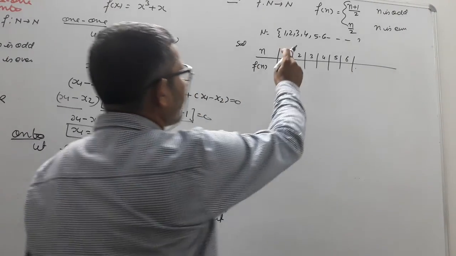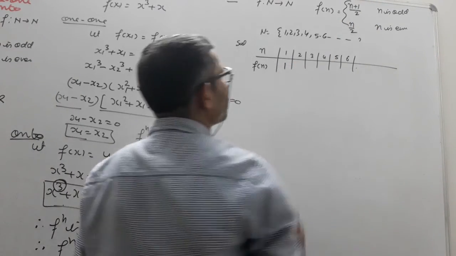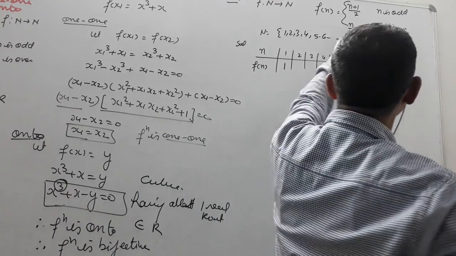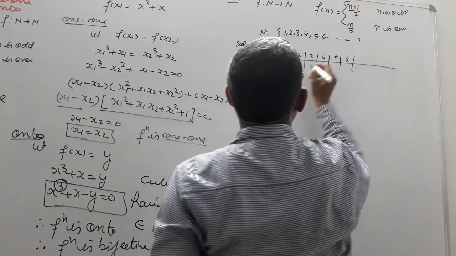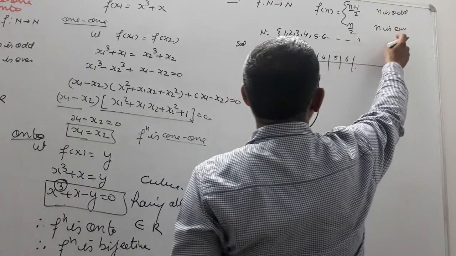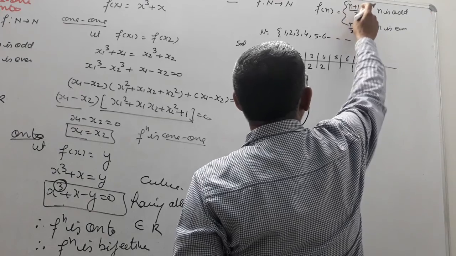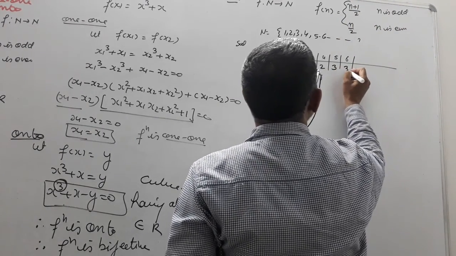When n equals 1, which is odd, (1 plus 1) by 2 is 1. When n equals 2, which is even, 2 upon 2 is 1. n equals 3, (3 plus 1) by 2 is 2. n equals 4, 4 by 2 is 2. n equals 5, (5 plus 1) by 2 is 3. n equals 6, 6 by 2 is 3.